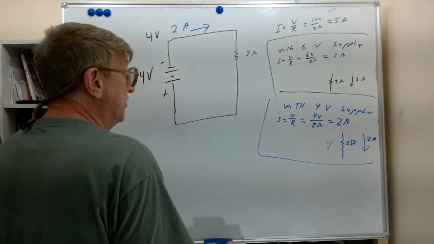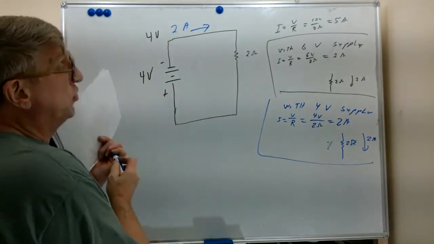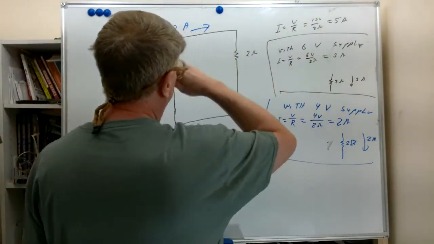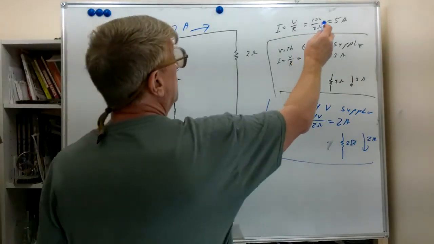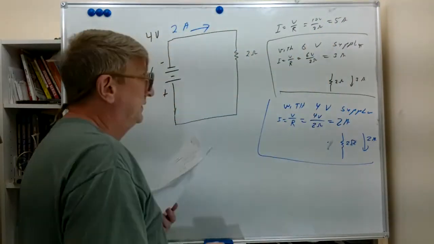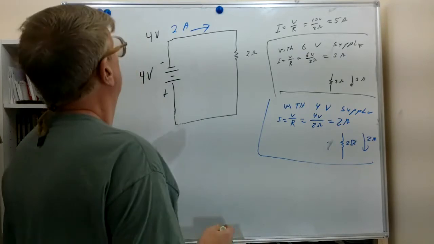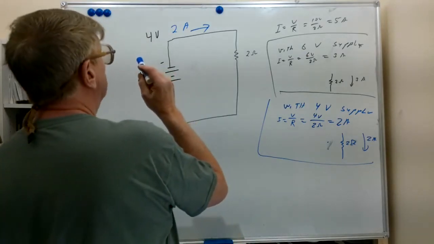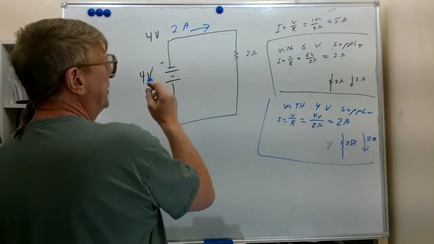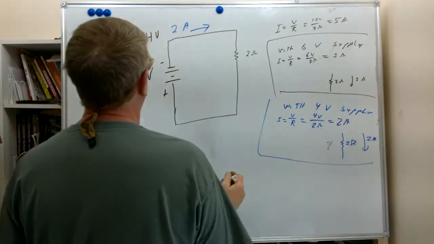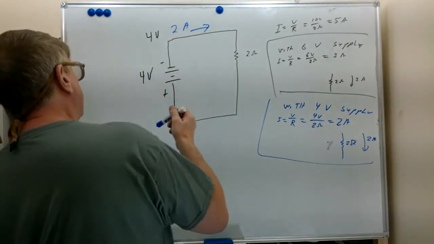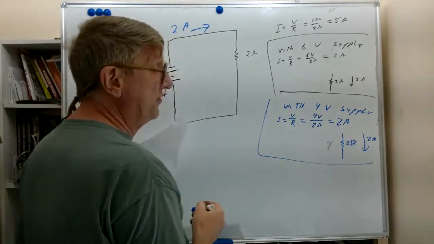What you may notice is that before, when we had both supplies in there at once, with 10 volts, we ended up with 5 amps. When we put in the 6-volt supply, we got 3 amps. We took the 6-volt out and analyzed the circuit with the 4 volts alone.